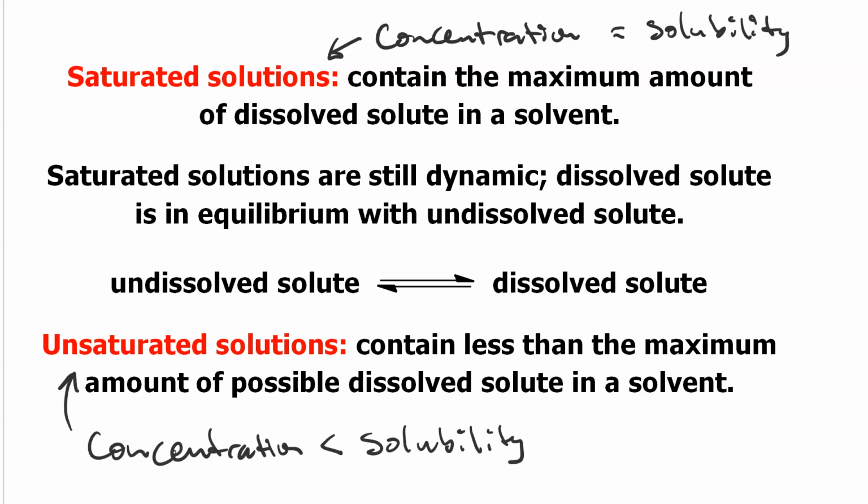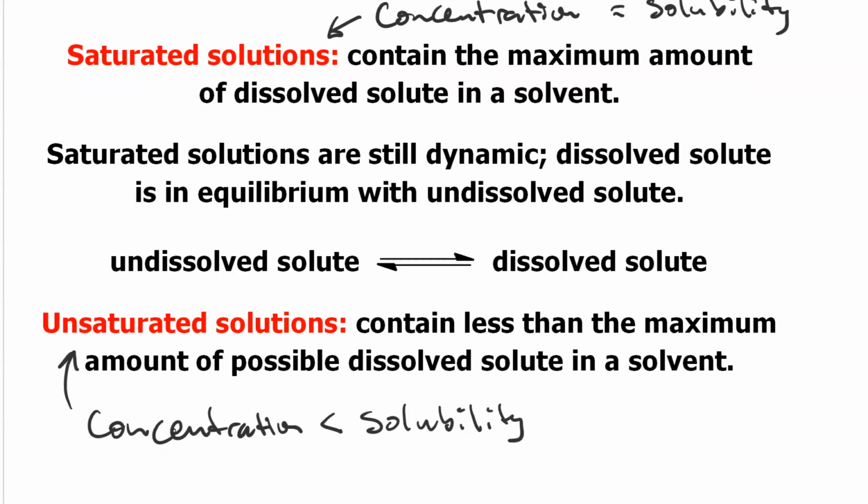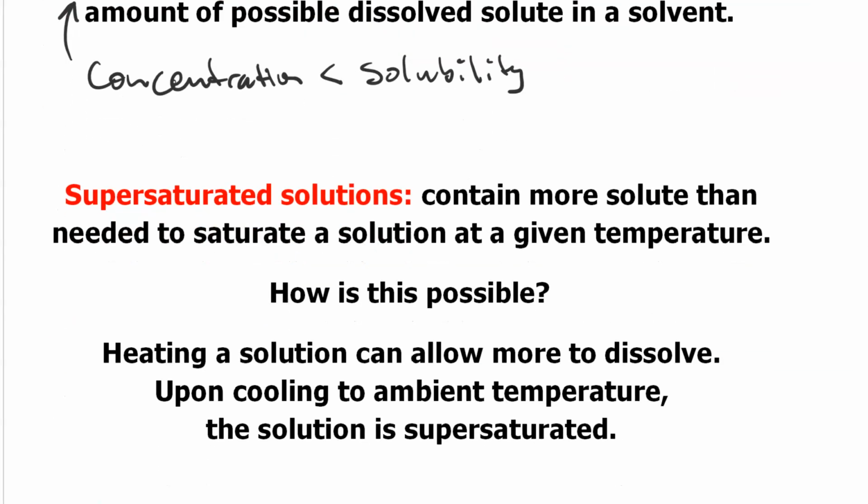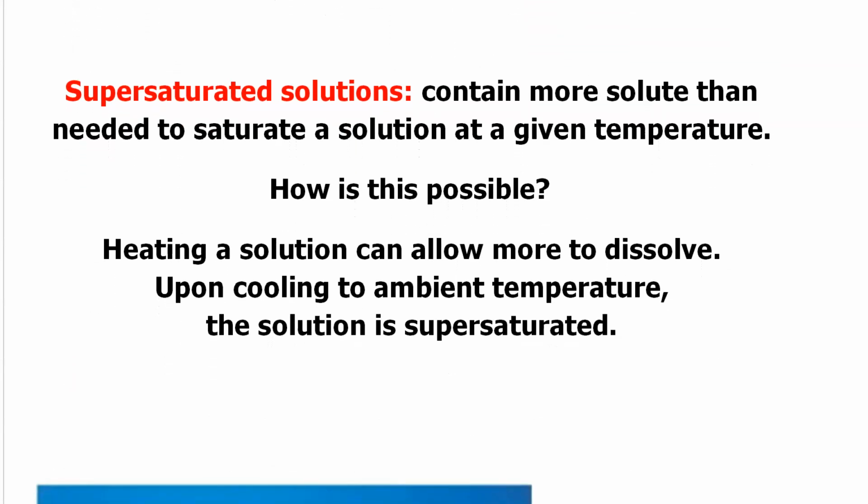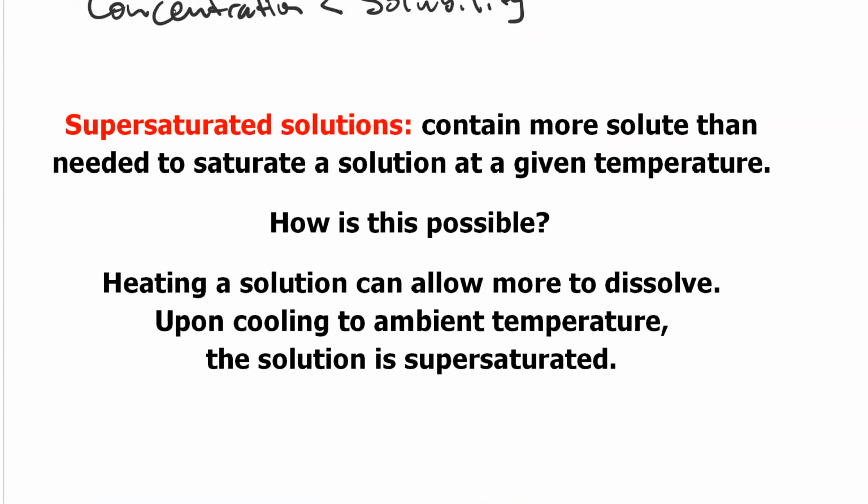Now, if you have a substance that is more soluble at high temperature, and you heat it up and dissolve as much solute as you possibly can, and then you cool it down, you end up with what's called a supersaturated solution.